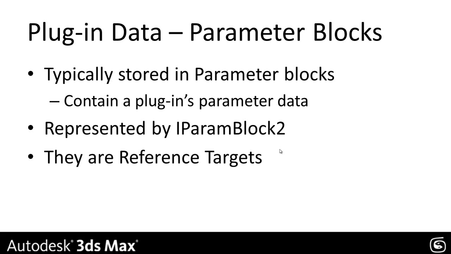Okay, and the parameter block can be any size. It can contain all the data that you want. And this is represented by the interface class called IParamBlock2. And these are always reference targets. So a parameter block is always owned by some sort of object.